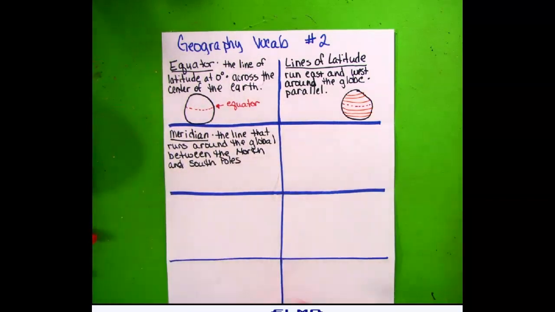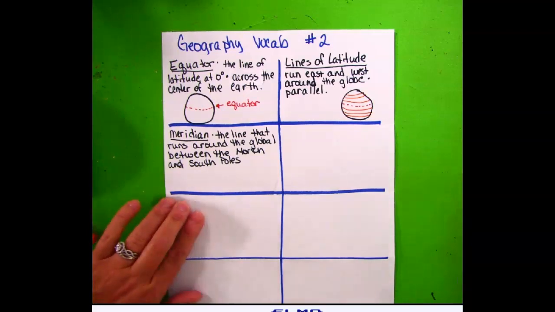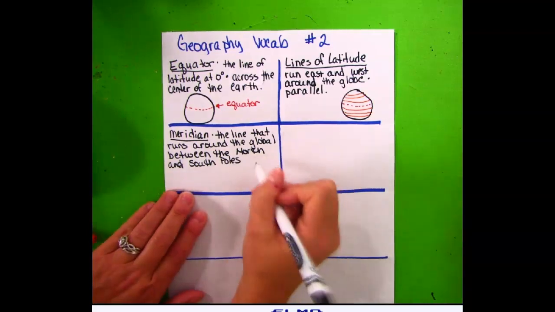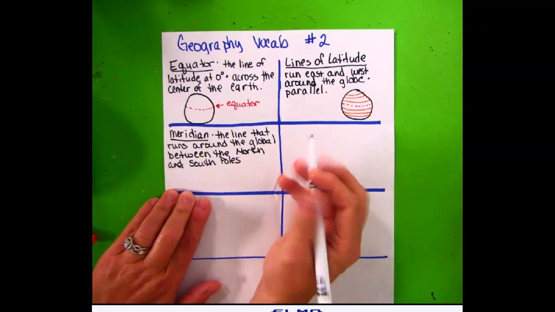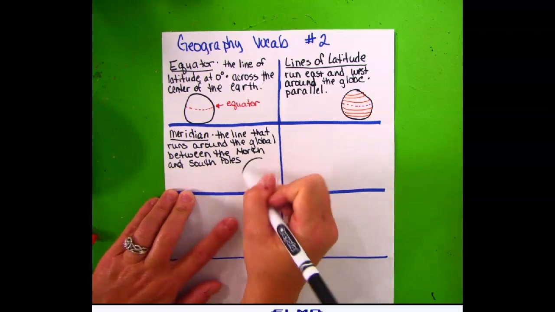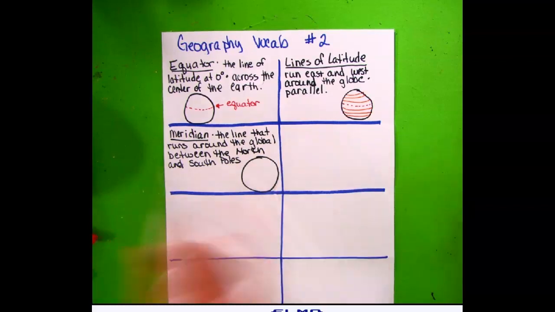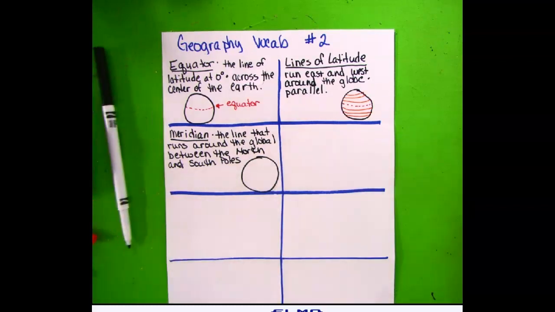So again, the meridian is the line that runs around the globe between the North and South poles. So if I have my globe, I'm going to have the meridian.